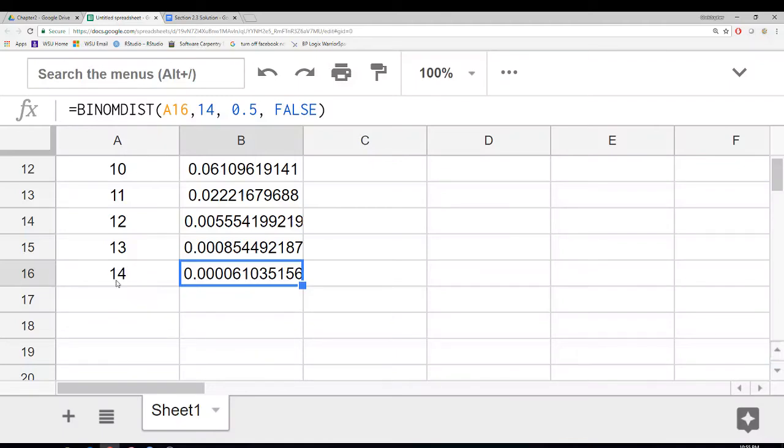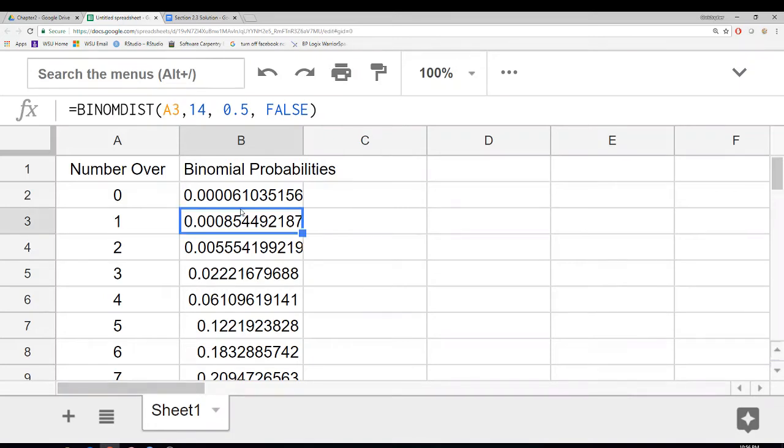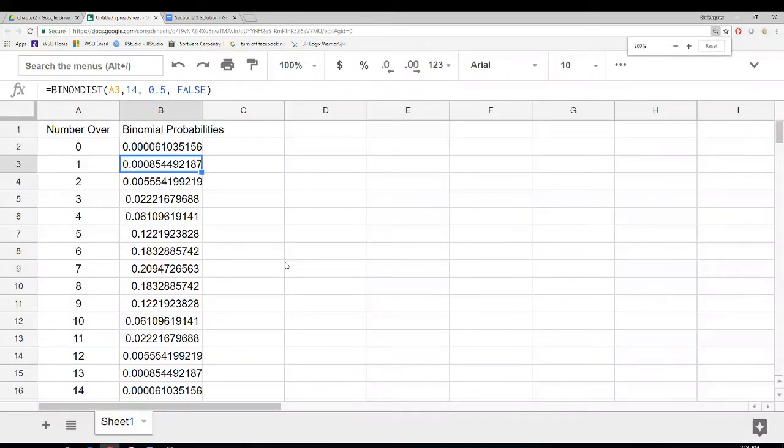My last value in my list is in cell A16, and that's what the formula is using there. Each one uses the number of trials of 14, the probability of success of 50%, and the cumulative value set to false. So these are my probability values for all of my different values on my number line.